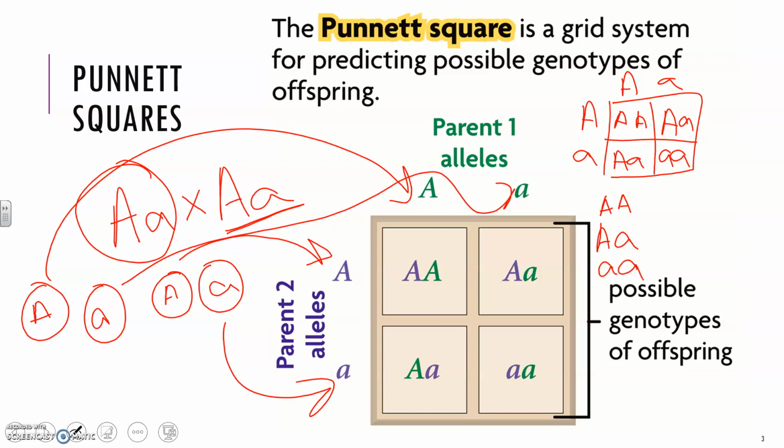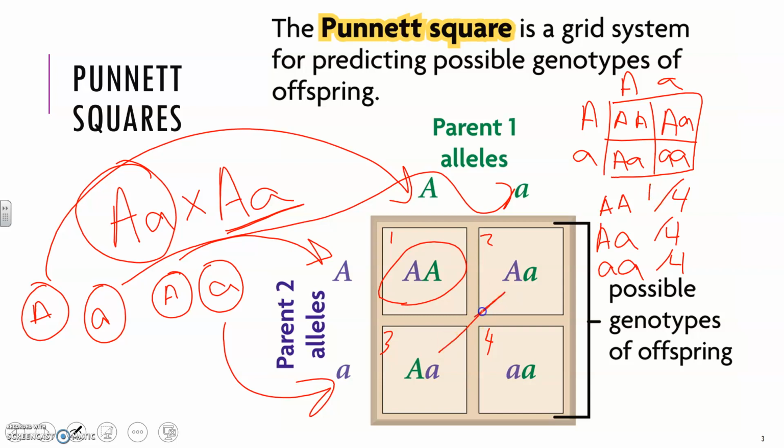So now you literally just count. You have four possible squares, so 1, 2, 3, and 4. Each of these probabilities is going to be out of 4. We have only one square that will give us a homozygous dominant, so you put a 1 there.